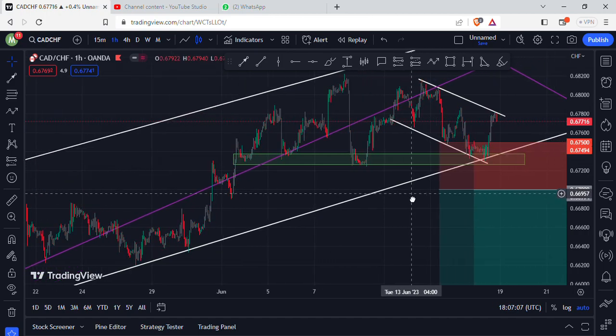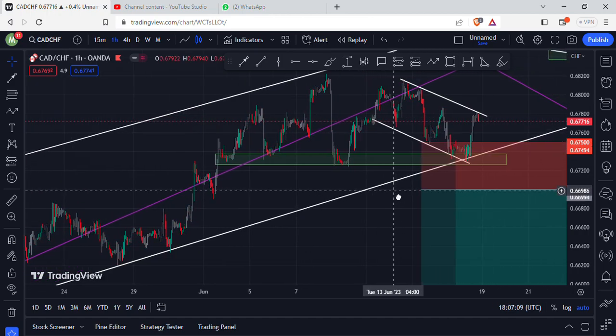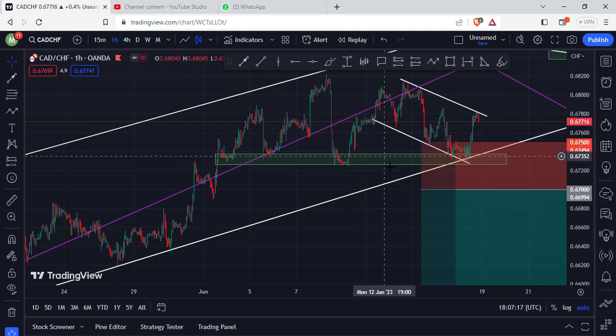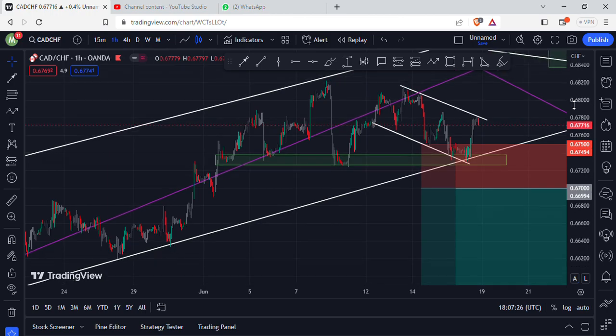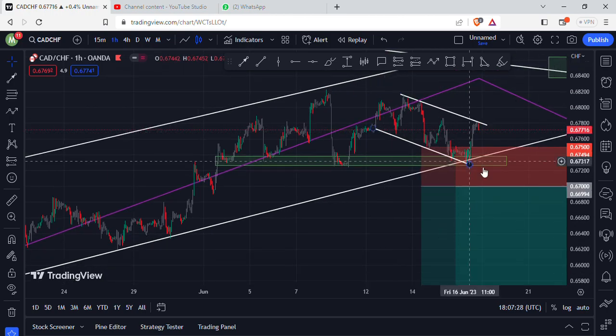So we're gonna do a sell order there by 67,000. Once we break this support and probably retest it, then we will go down. However, like I've mentioned, we also have a descending channel here, so we're expecting this to break down.